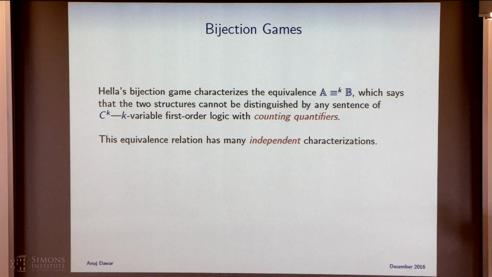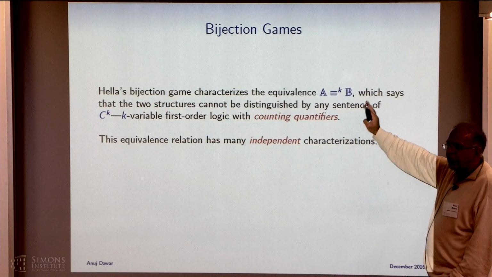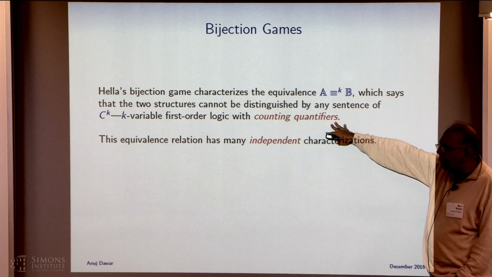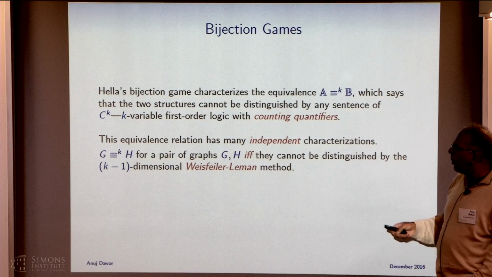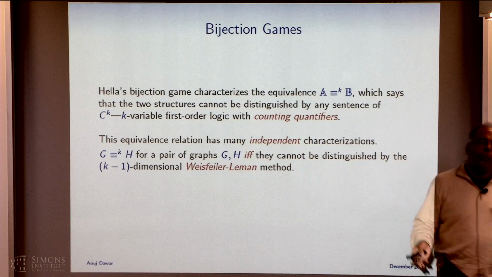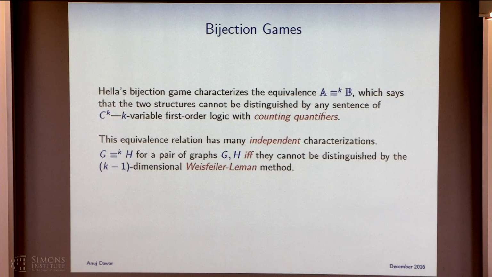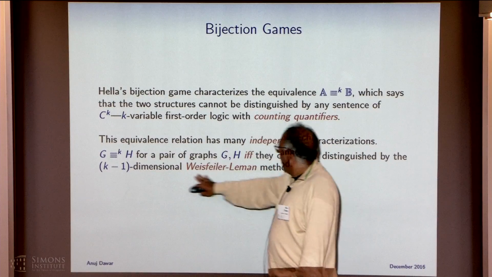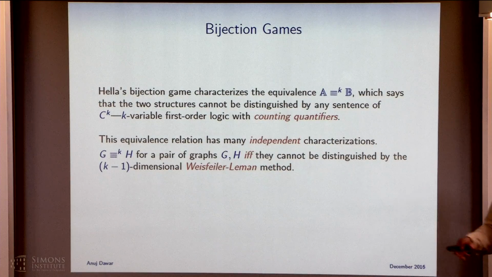And this equivalence relation turns out to have many independent characterizations. I mentioned bijection games and counting quantifier logic. It also has an entirely combinatorial characterization, which is well known from Babai's work on isomorphism. K-equivalence for a pair of graphs is the same as saying that they can't be distinguished by the (K-1)-dimensional Weisfeiler-Lehman method, which is a well-studied approximation of graph isomorphism.